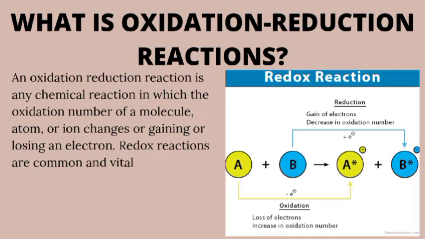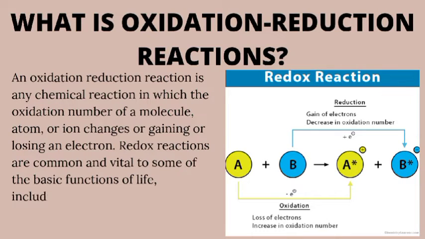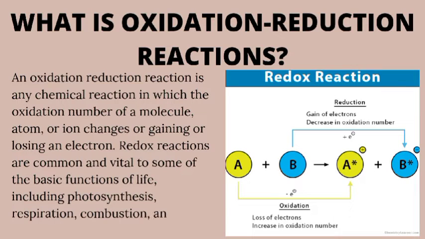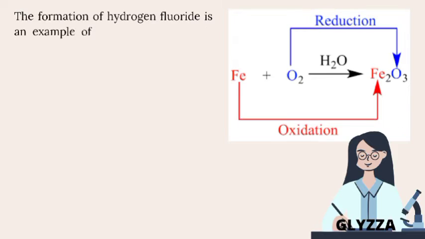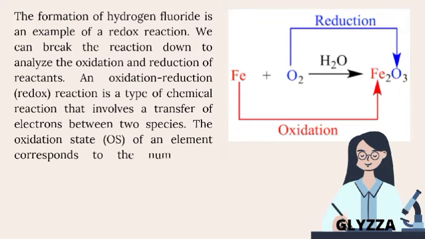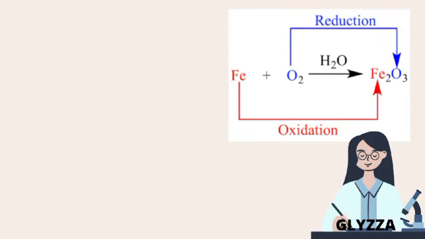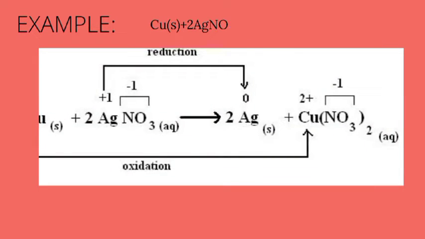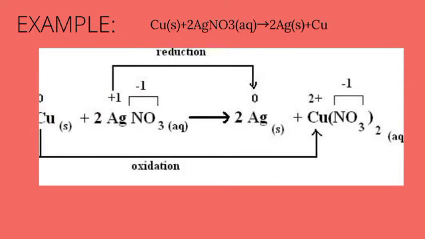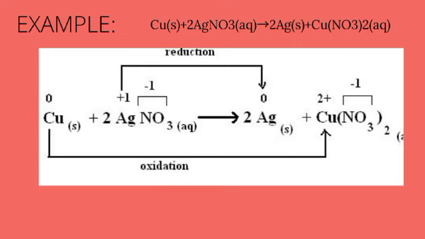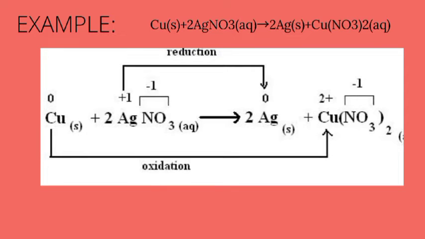Redox reactions are common and vital to some of the basic functions of life, including photosynthesis, respiration, combustion, and corrosion or rusting. The oxidation state, or OS, of an element corresponds to the number of electrons, e-, that an atom loses, gains, or appears to use when joining with other atoms in compounds.